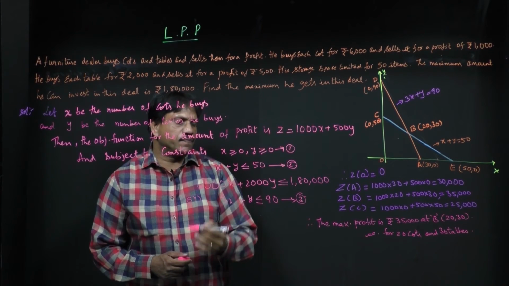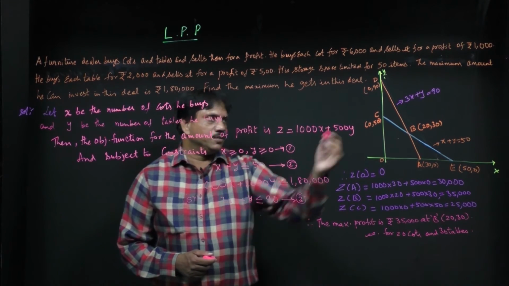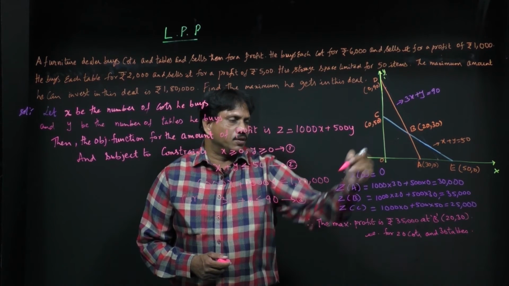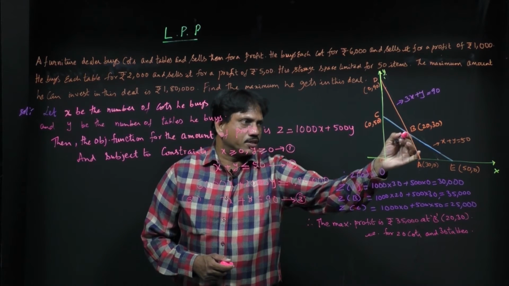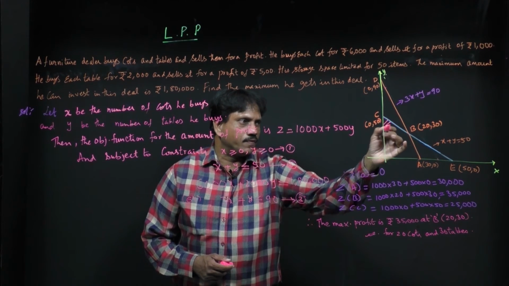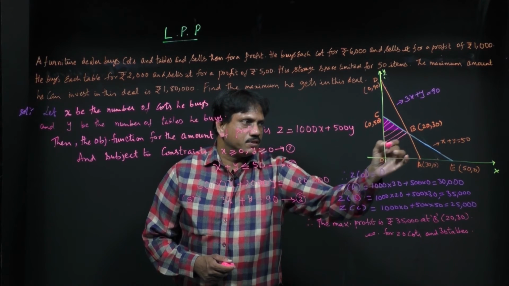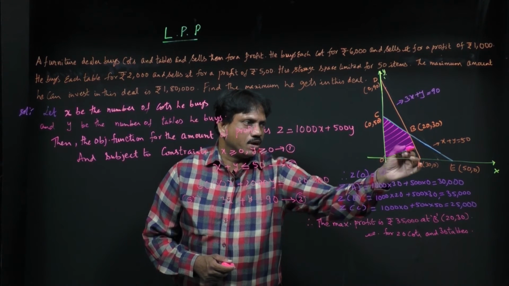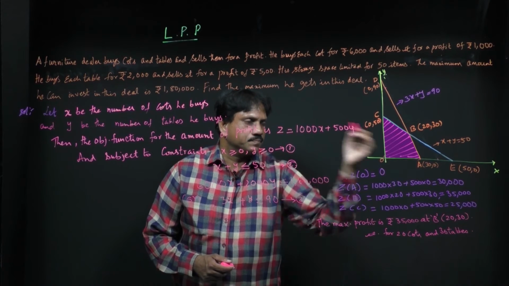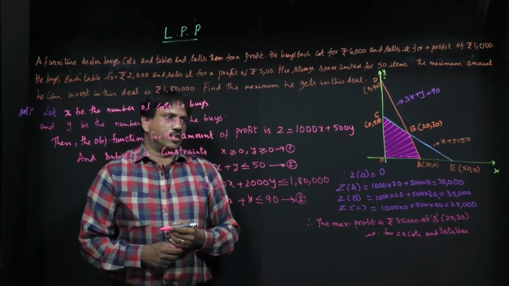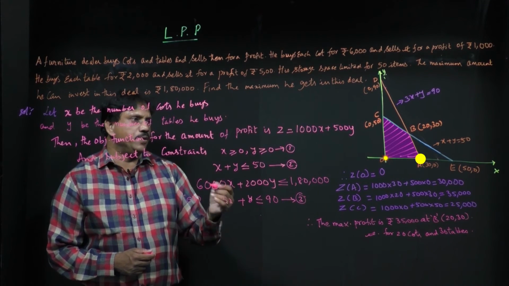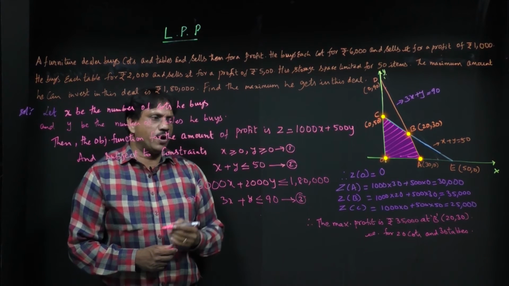And 3x plus y is less than or equal to 90 is the shaded part. These two intersect at this point. This is your feasible region, the common region for both of them. O, A, B, C are the corner points.